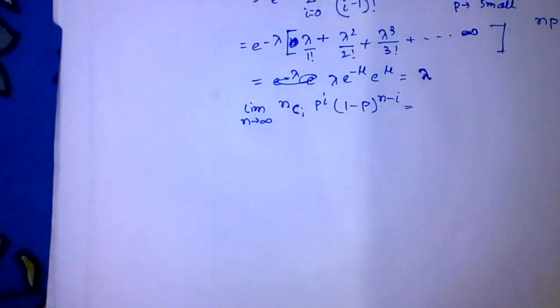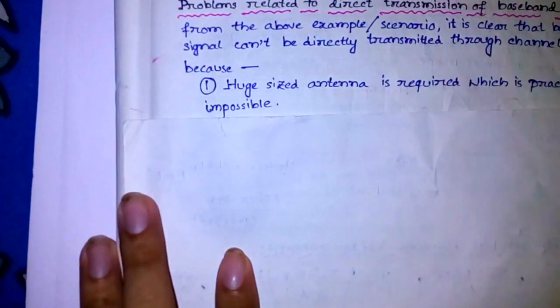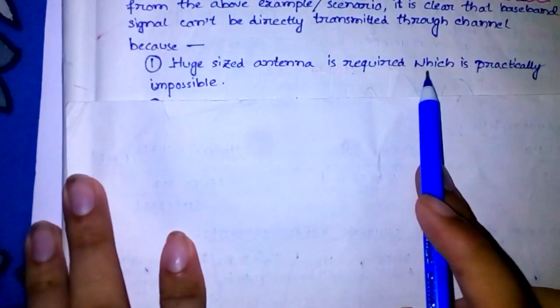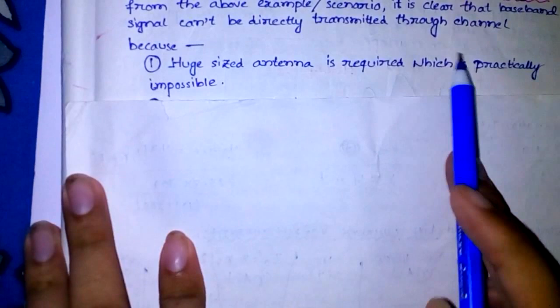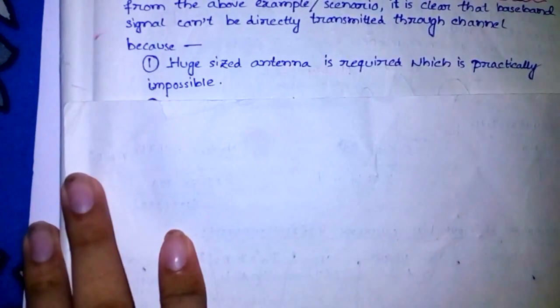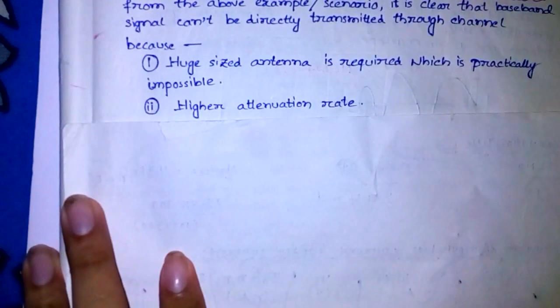So here comes the question: what are the problems related to direct transmission of baseband signals? As we have seen, to transmit a lower frequency signal we need a huge antenna, which is physically impossible to construct. Another problem is a higher attenuation rate.